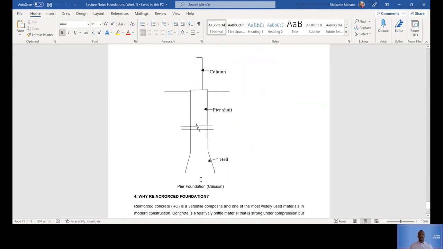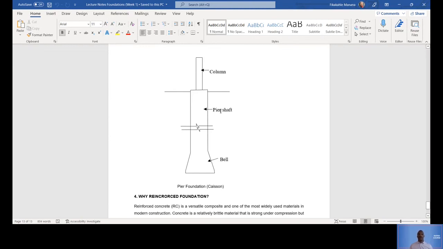Now, this is a pier. Normally, a pier is used in, like, if you've ever gone to the beach, you would see that actually there are walkways on the beach that are going into the sea. As you walk on those platforms, under those platforms, normally they use piers. So they look like piles, but they are much bigger than piles.